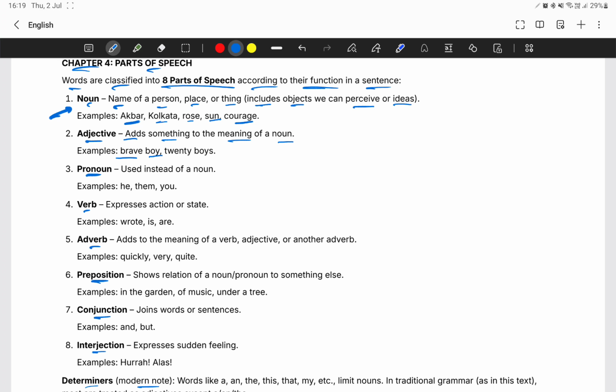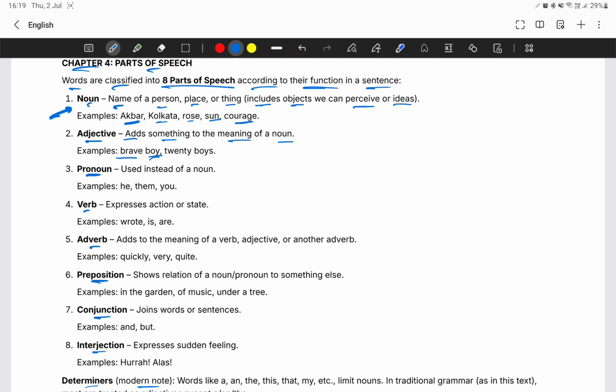So brave is an adjective, and that brave adds meaning to the noun, which is boy, and the brave comes before the noun. Okay, it comes after the noun too, but for the moment we're not going to accept that. Got it? This is the first lecture we are covering, we are just getting some overview.